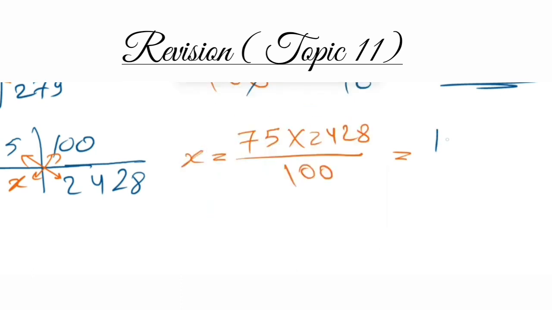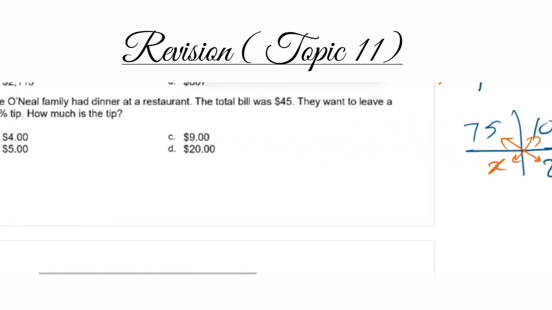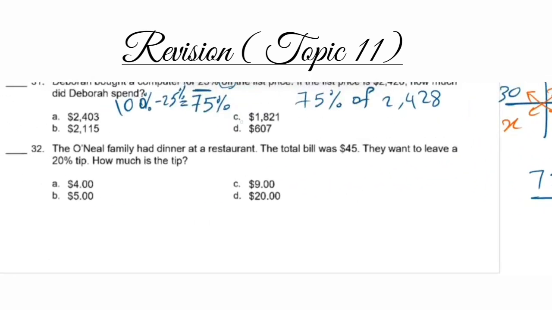So it's 182,100 over 100. We can now remove the two zeros and we will get 1821. So the answer is C.